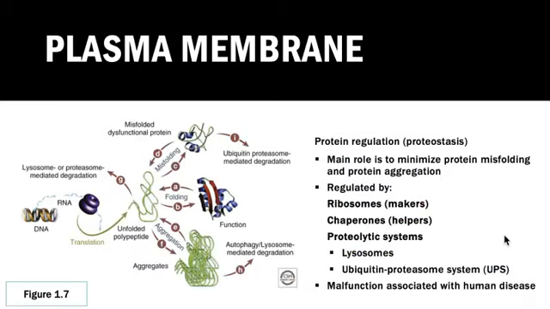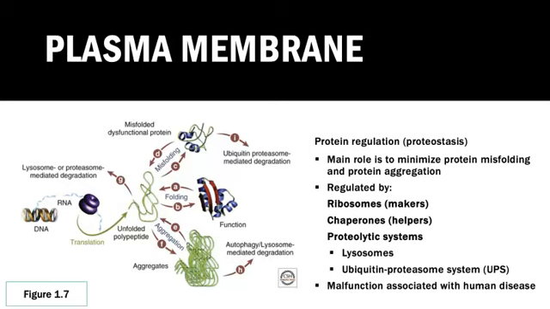So let's talk about how we regulate these proteins, also known as proteostasis. This is essentially a state of the cell that balances the processes of protein synthesis and folding and degradation. And you can imagine that we are going to have to adapt depending on how quickly these proteins are made, how long they're surviving, and when they break down.